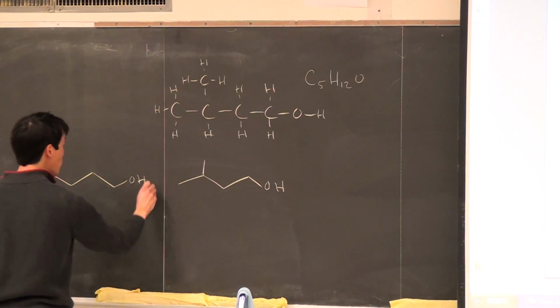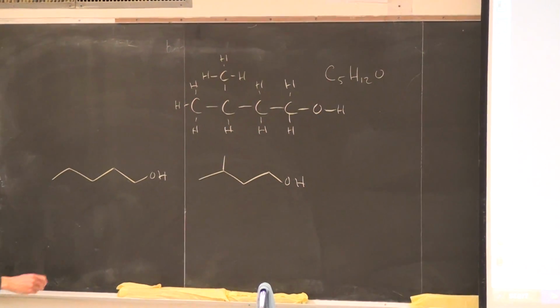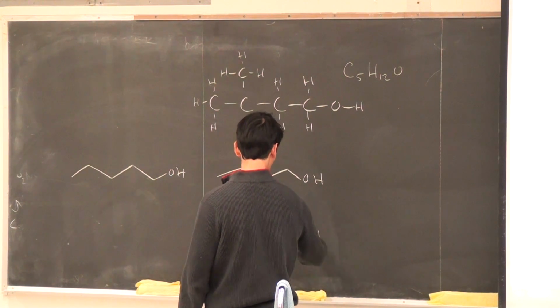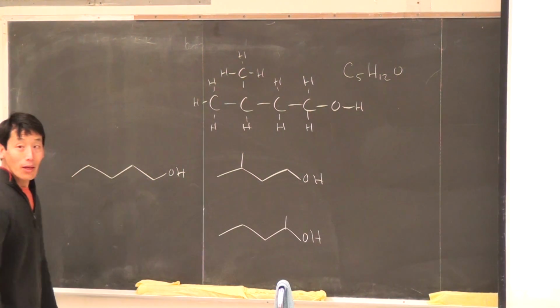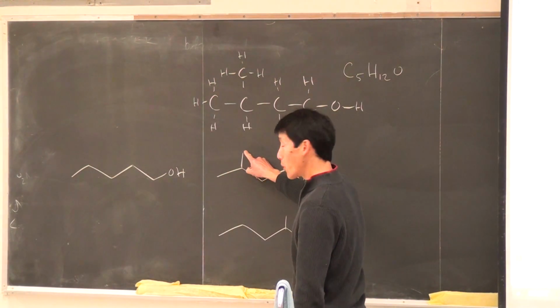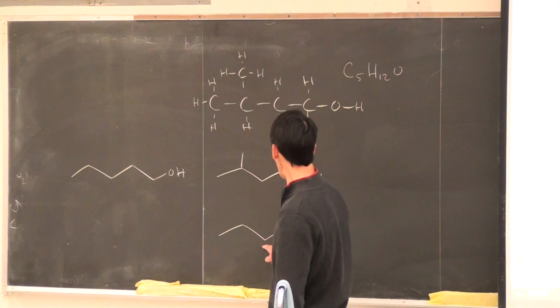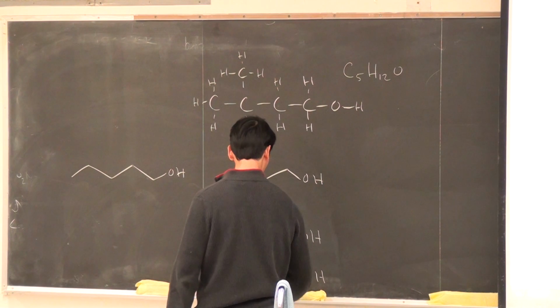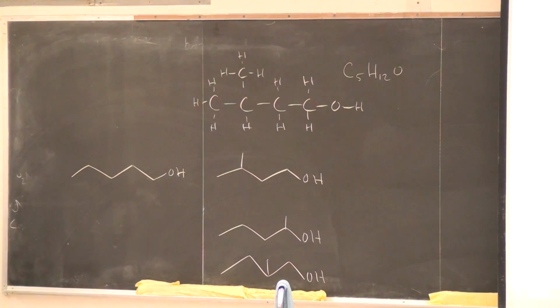This is one structural isomer. Another structural isomer could be this one. Another structural isomer, if we put this methyl group on this carbon, okay, so here's another one. There are quite a few other ones. Okay, so a structural isomer has the same chemical formula but a different arrangement of bonds.